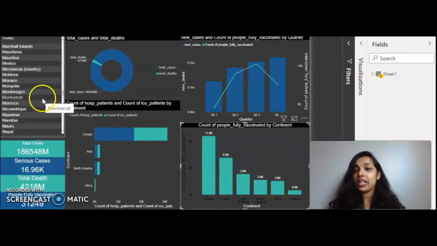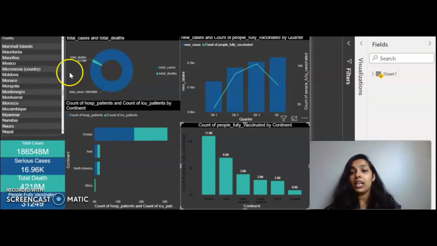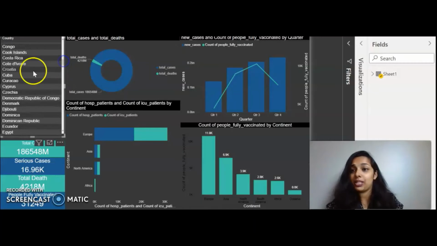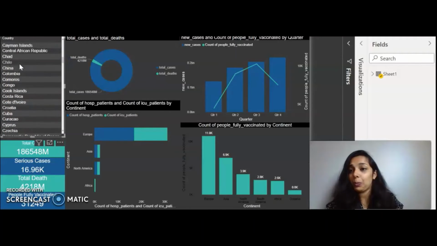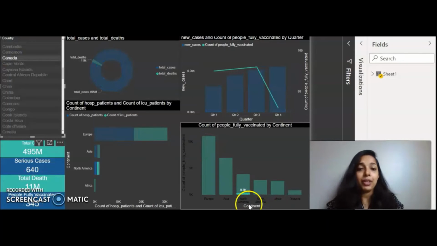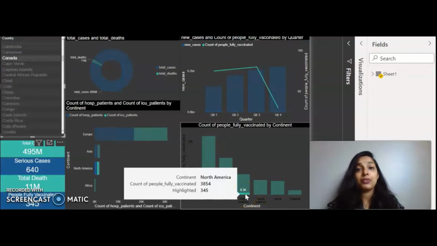Now, specifically for the country Canada, the number of people fully vaccinated according to the data is 345, while the number of people fully vaccinated from the continent North America is 3854.